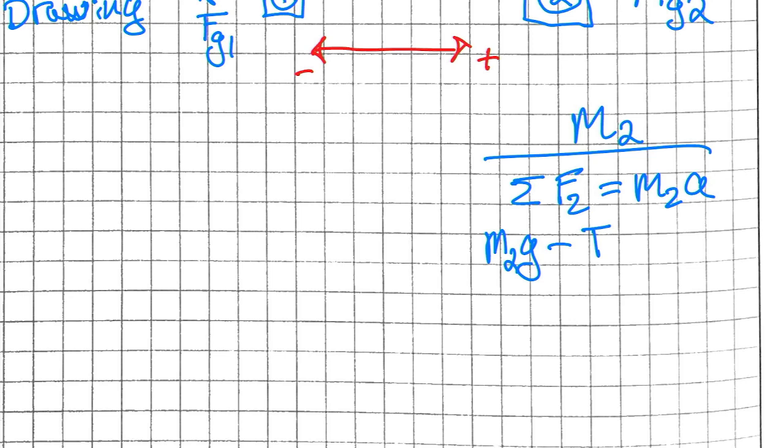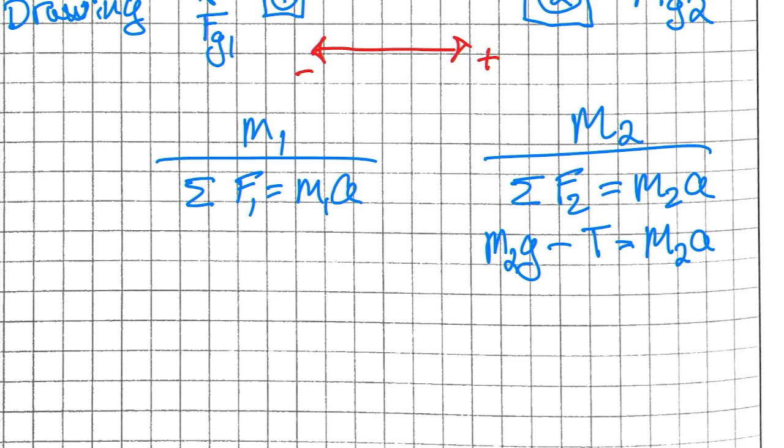M2g minus tension equals m2 times the acceleration. For m1, we'll come up with a similar system. Sigma F1 equals m1 a. I don't need to put A1 because A1 and A2 are the same. They're both positive, and they're both the same magnitude of acceleration. So tension was positive on number 1, and tension is the same for both objects here. So T minus m1g equals m1a.